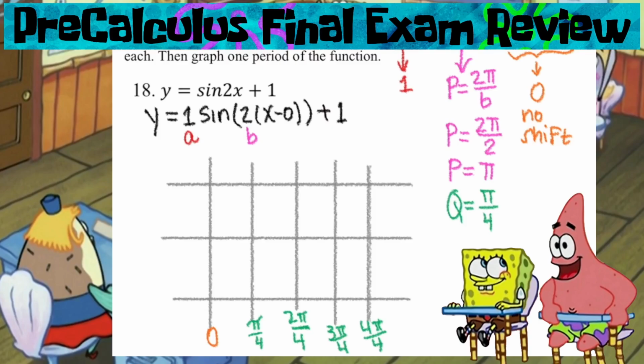After this, what else can we find? Well, my plus 1 at the end, that is your plus k, that is your vertical shift, and that is what we call the sinusoidal axis, or you might refer to it as your midline.